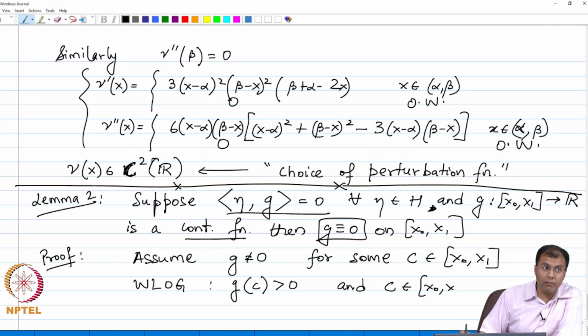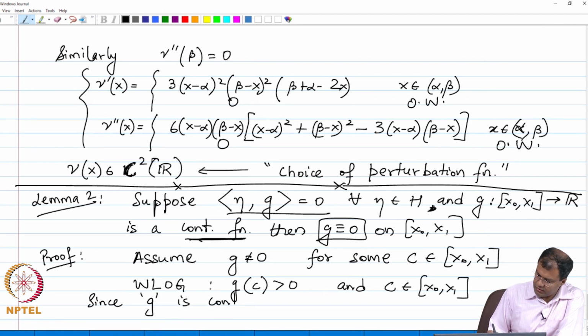So, let us say that g of c is positive and c is a number from x 0 to x 1. Since I am given that g is continuous, there exists a neighborhood of c inside this bigger interval where g will be positive, right. So, that comes from the continuity.